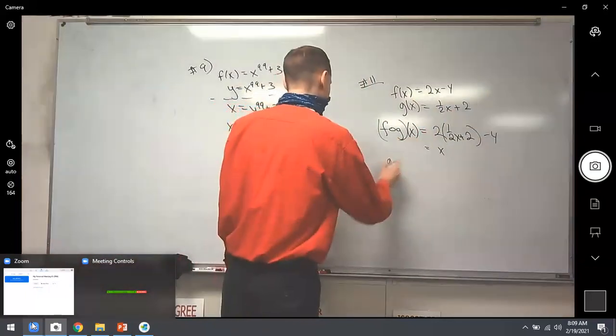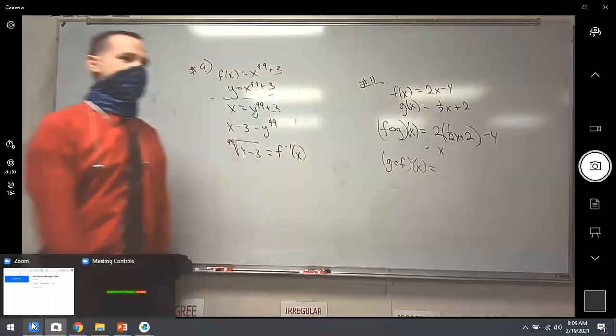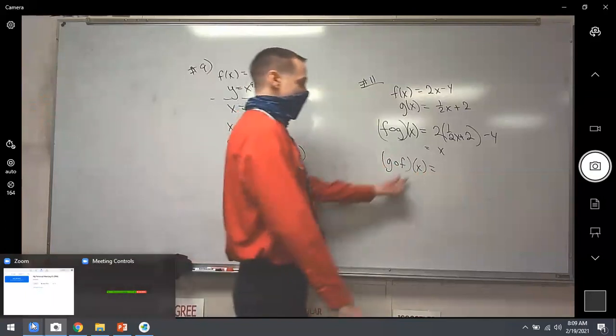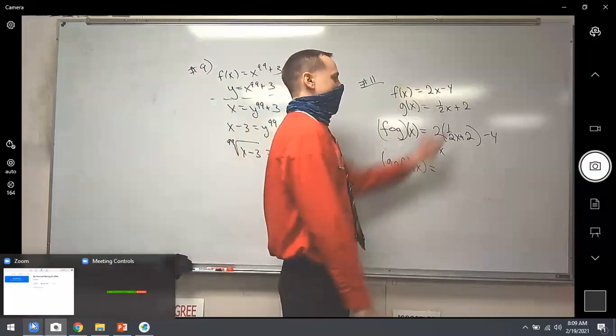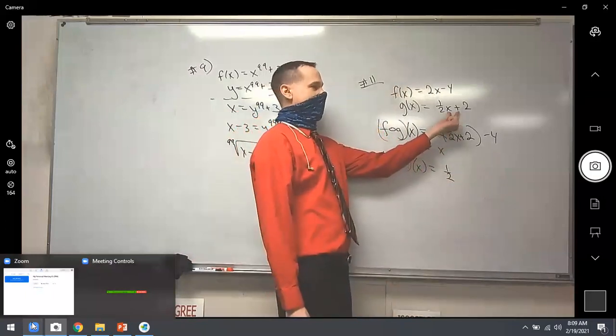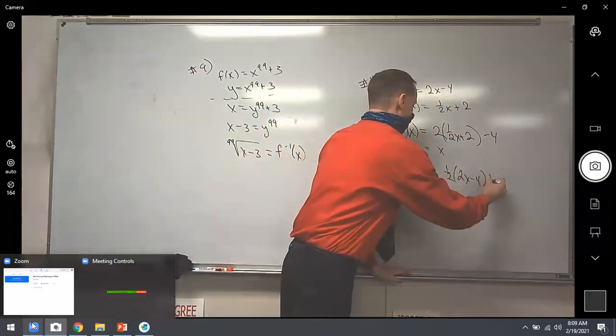But you should always go both ways and check. Don't just do f composed with g, do the other one as well. G composed with f. Let's see if I take function f and plug it into function g and get out the same thing. Well, here's function g. It says 1/2, and what I'm plugging in to x is f, which is 2x minus 4.